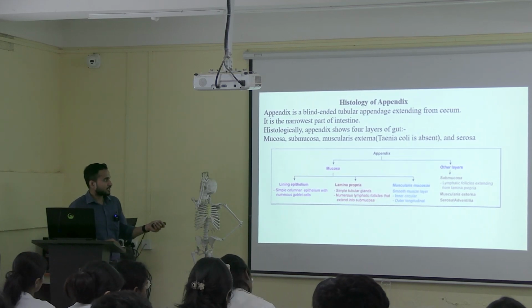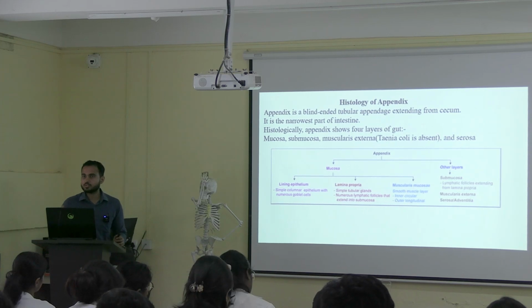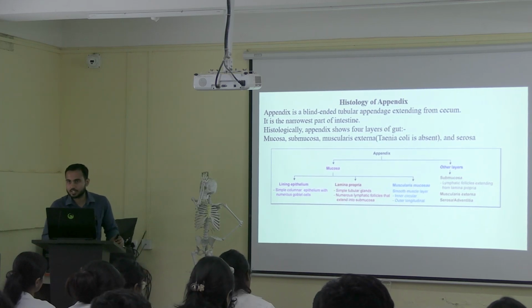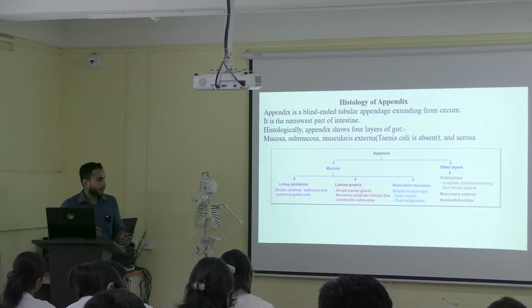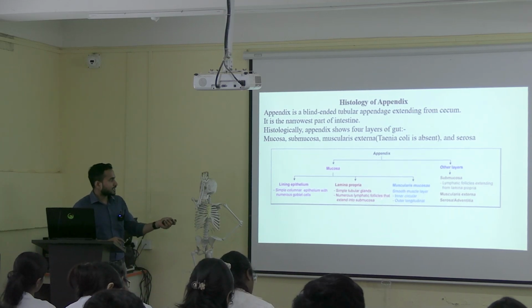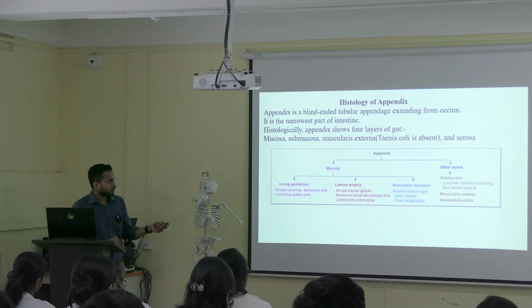Here lymphatic follicles are there. I know there is a confusion why we are not calling it Peyer's patches. That confusion we will discuss in the lymphatic system chapter, histology of lymphatic system. So numerous lymphatic follicles are there and they extend into the submucosa. Smooth muscle layers are there, inner circular, outer longitudinal.